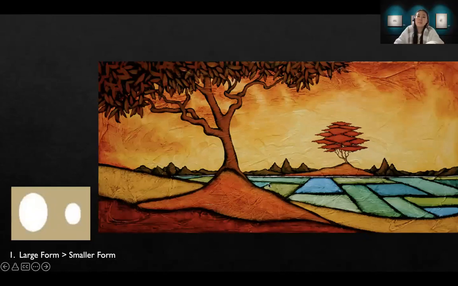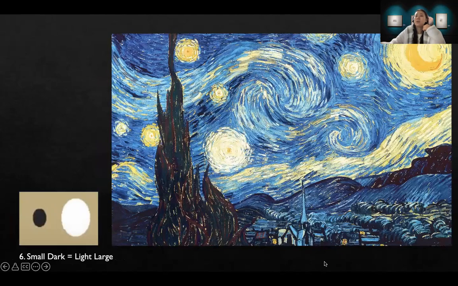And this landscape painting is also using asymmetrical balance, the first type, where a larger form is heavier than a smaller form, right? And also Vincent van Gogh's Starry Night painting is using the sixth asymmetrical balance type, where a small dark form can balance a large light one.